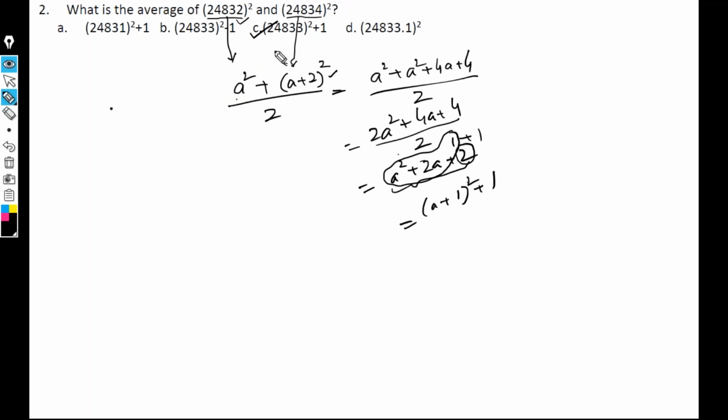Is this clear, everyone? You can always insert any variable here to make your job easy. Any doubt in this? Tell me. Okay, good.